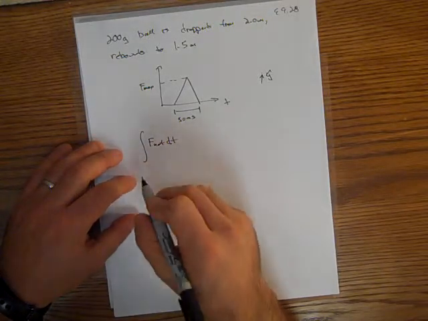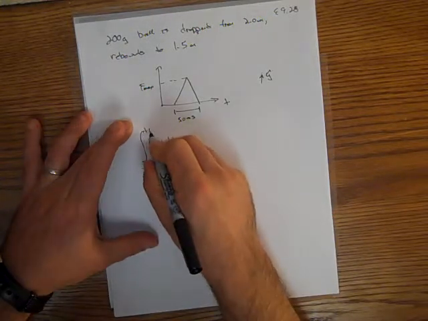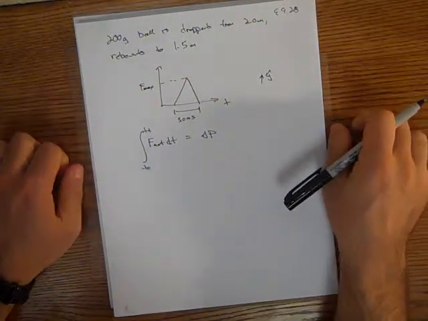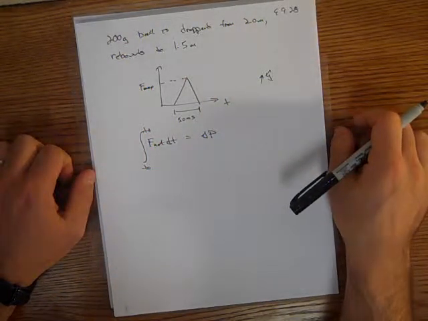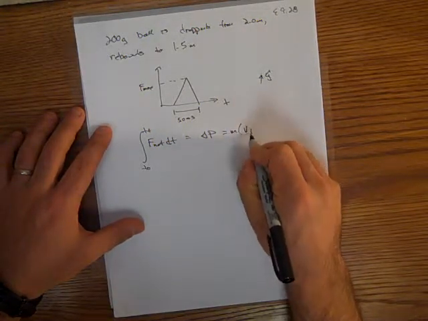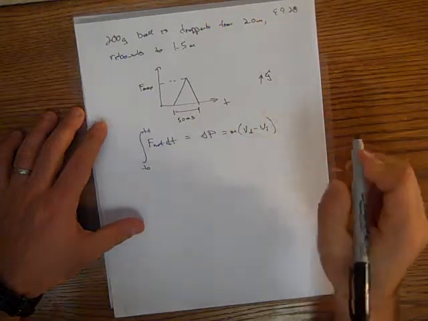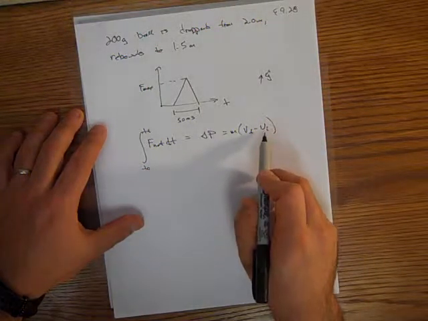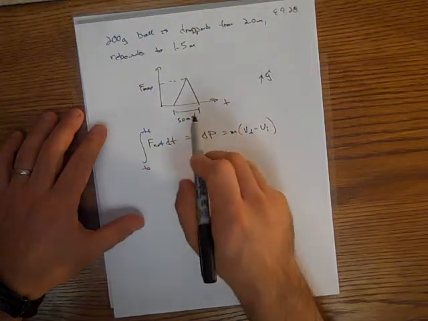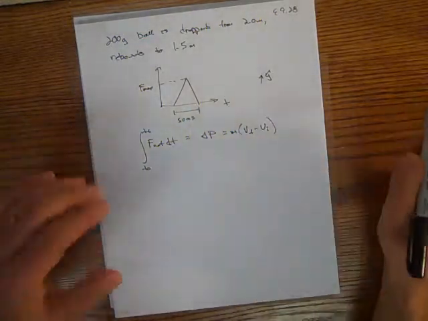When a force acts over time, from some initial time to some final time, I get a change in the momentum. Change in momentum is mass times v final minus v initial. The initial speed is the speed that it has just before the collision. Final speed is the speed it has just after the collision.